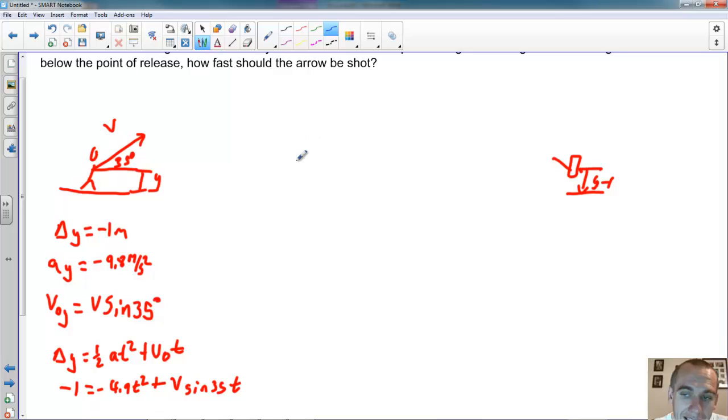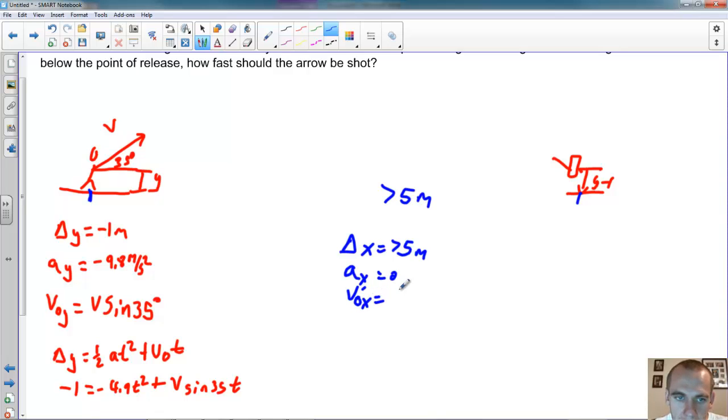So I'm going to go ahead and move into the x direction. Now I do know that the distance from my archer here to the target here is 75 meters. So I know my change in x is 75 meters. I know the acceleration in x is 0 because there's no forces acting on it in the air except gravity, and it pulls down. The initial velocity in x I know is v, whatever it was, times the cosine of 35 degrees, since it's the adjacent side of that triangle.